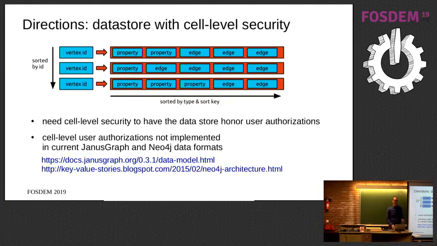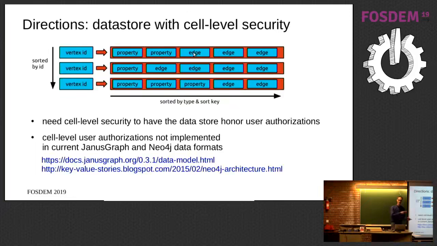Because graphs in general are very sparse, you have to store graphs in an adjacency format. So basically for each vertex in your graph, you have a row in your database, and in this row there are cells that contain properties of your vertex, and it contains the edges, the adjacencies of the vertex.